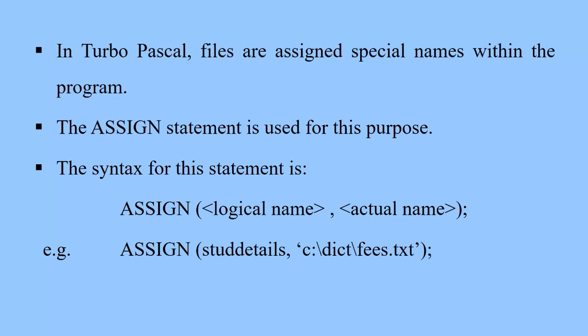So the information after the comma there is the complete path for the file called fees, which is a text file, and this file is stored in a folder called DRCT in the hard disk.